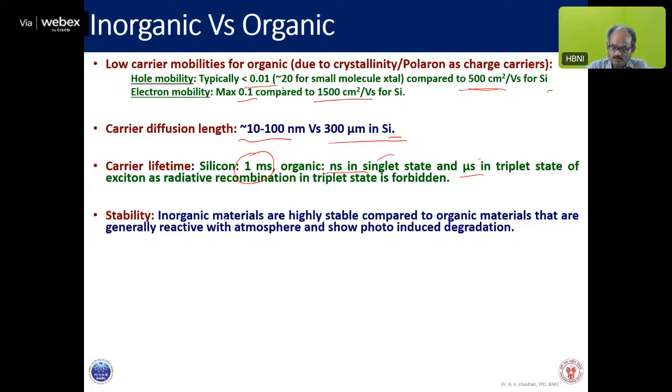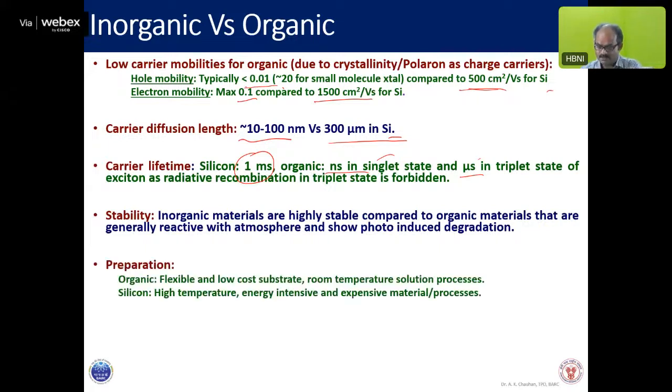When I say this, I'm not talking about organic materials in general, but about those organic materials being used as semiconductors for photovoltaic purposes. There are several organic molecules which are very stable also, but these are specific cases. A lot of research is going on to find stable organic materials which can be used in photovoltaics, still at the research scale.